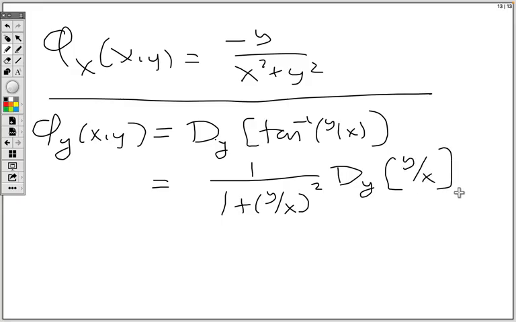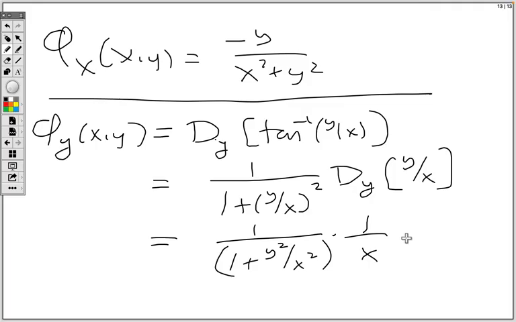And what's the derivative with respect to y of y over x? That's just 1 over x. Good. So this would be 1 over 1 plus y squared over x squared, times 1 over x. To wipe out this little denominator, I'd multiply by another x over x, and I would get x over x squared plus y squared.